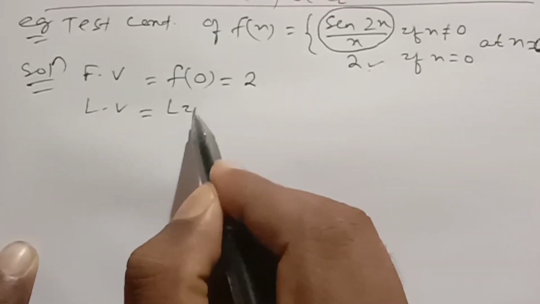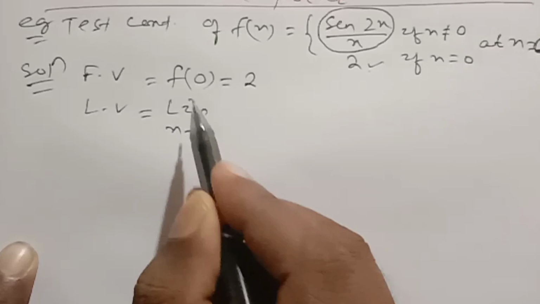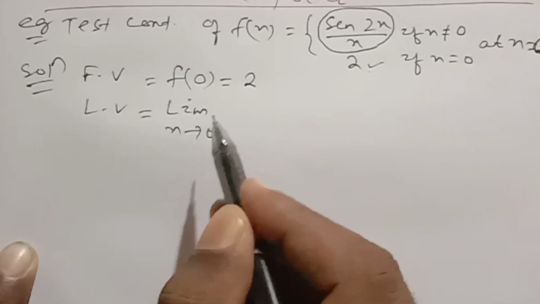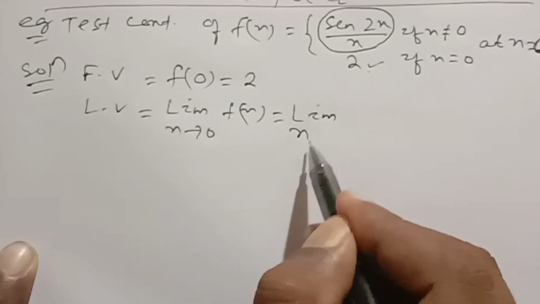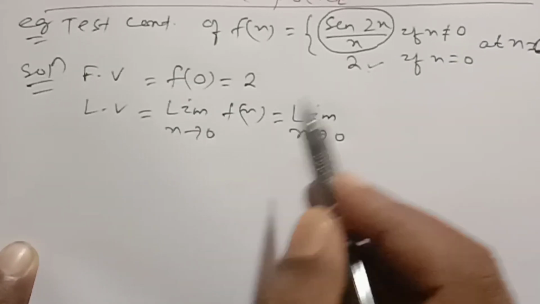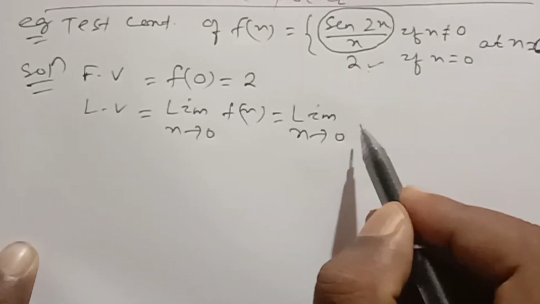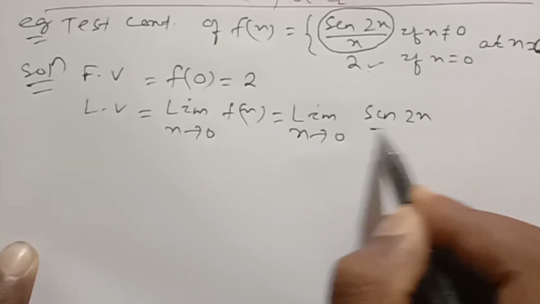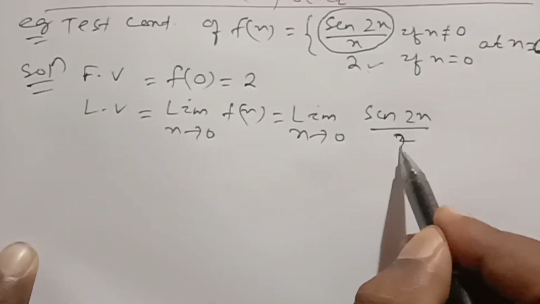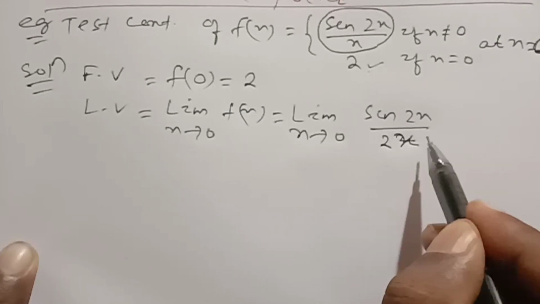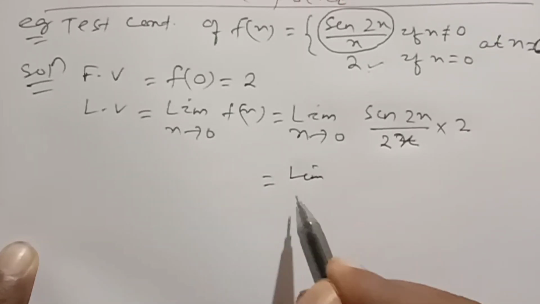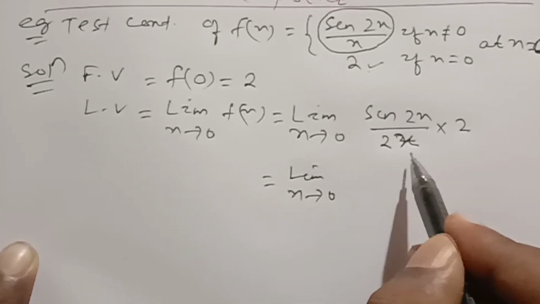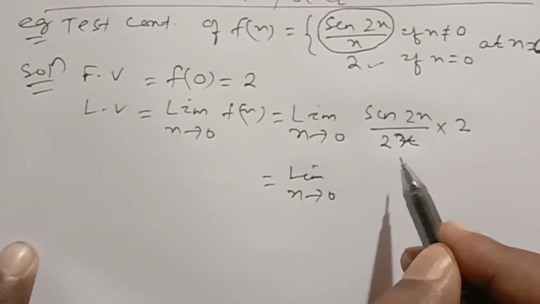सो लिमिट x, इधर x इज इक्वल 0, इधर x टेंड्स टू 0 ऑफ f ऑफ x. सो दिस इज लिमिट x टेंड्स टू 0 f ऑफ x. लिमिटिंग वैल्यू कहाँ से निकालेंगे? यहाँ से. So this is sin 2x by x and here we multiply 2 and divide 2. Why? This is because we know that limit x tends to 0 sin x by x is 1.